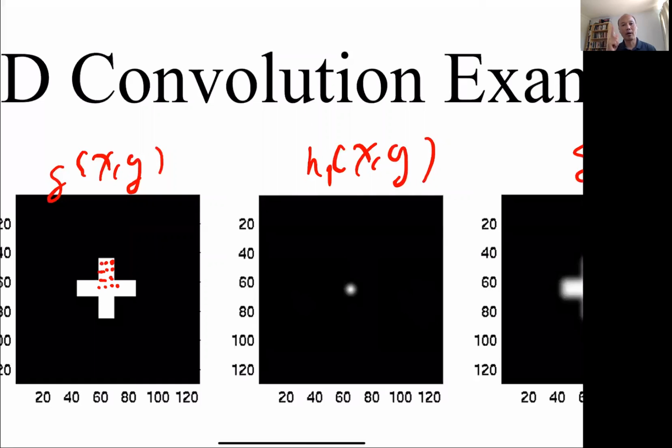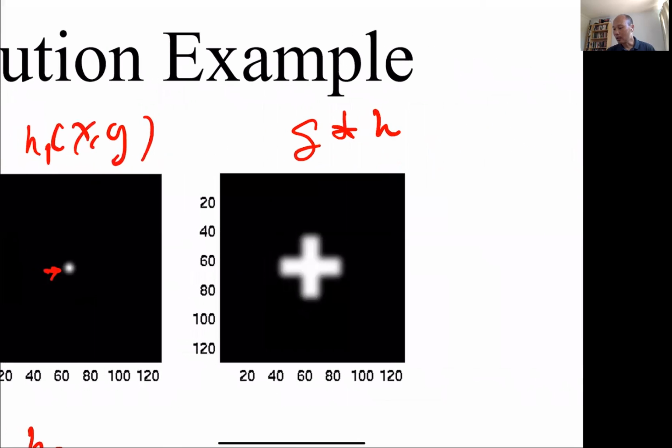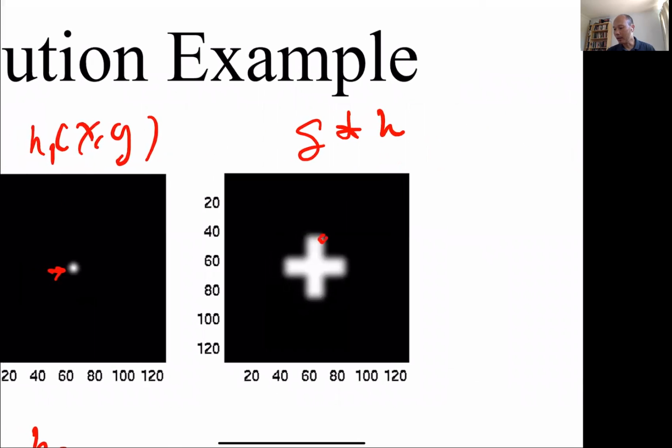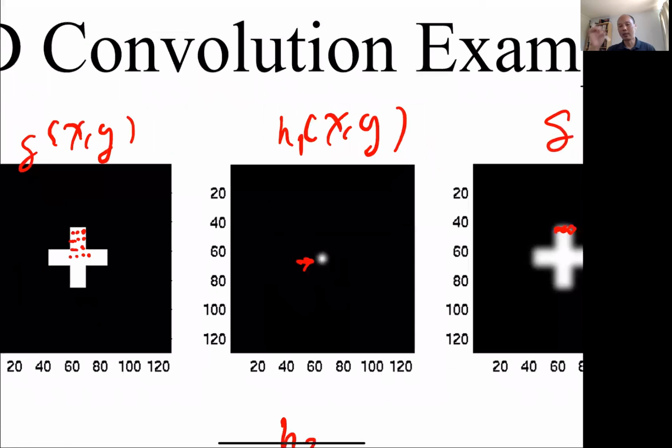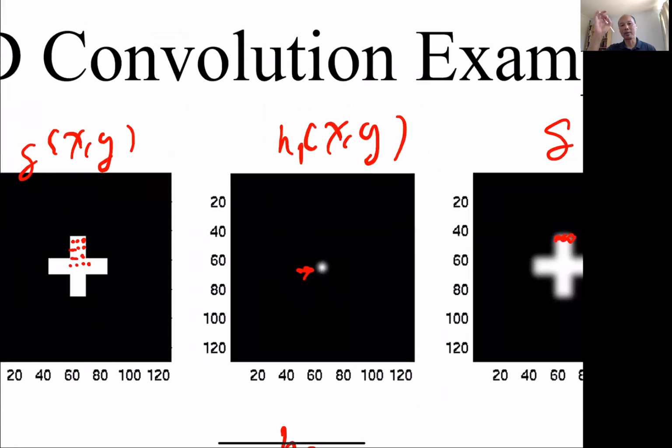It's the sum of all those little tiny delta functions, and each one has that response, but shifted. So my output is going to have a blurry response here, and a blurry response here. If each of these points gives you a blurry response, then my output is just the sum of all those blurry responses.